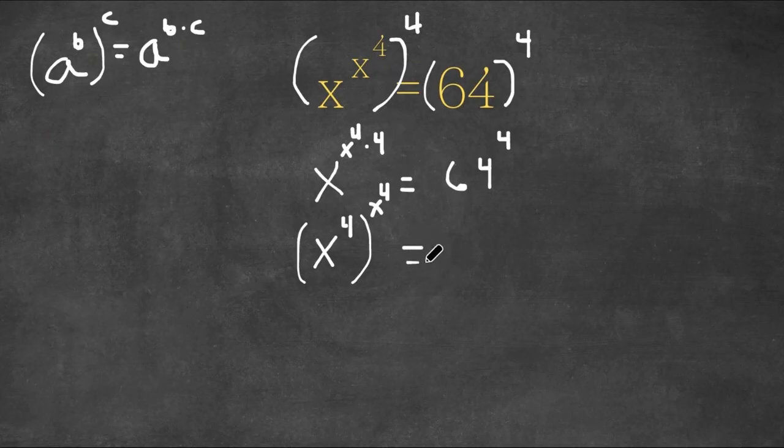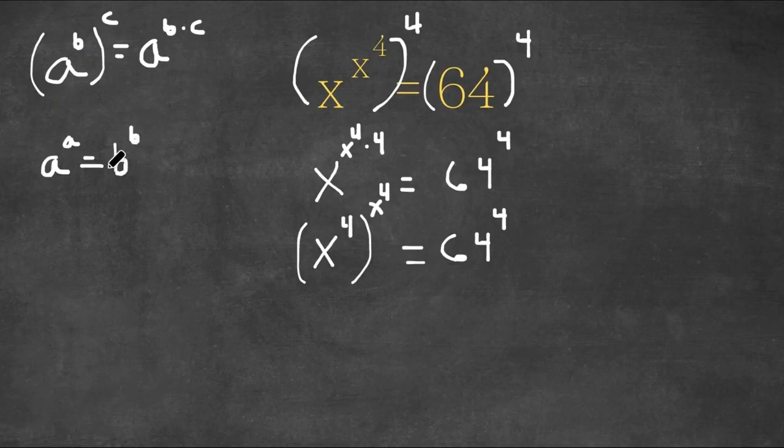And this is still equal to 64 to the power of 4. And notice how x to the power of 4 and x to the power of 4 are the same, right? Well, I actually want to convert this equation so that it's in the form a to the power of a equals b to the power of b.